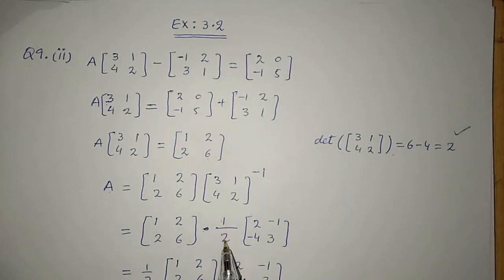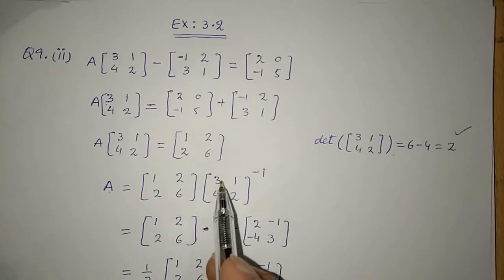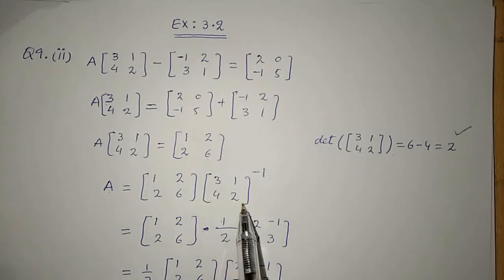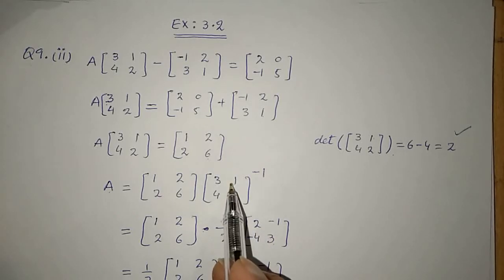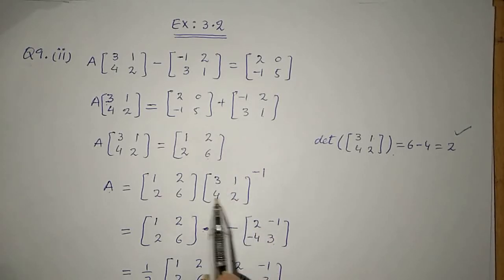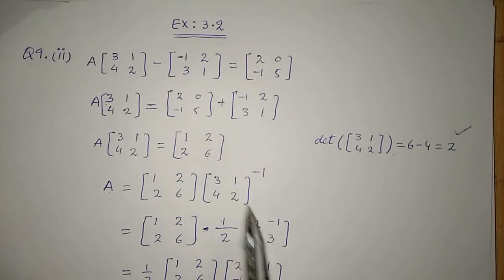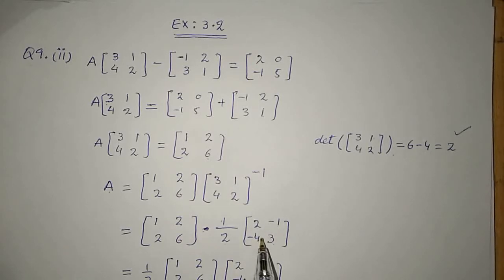So 1 over determinant into adjoint. What is the adjoint? The principal diagonal has elements 3 and 2. So change the places: instead of 3 2 we write 2 3, and change the sign of the rest of the elements, so minus 1 minus 4.